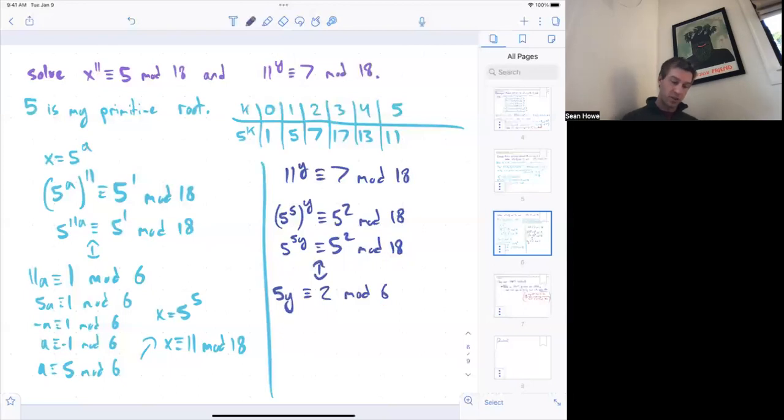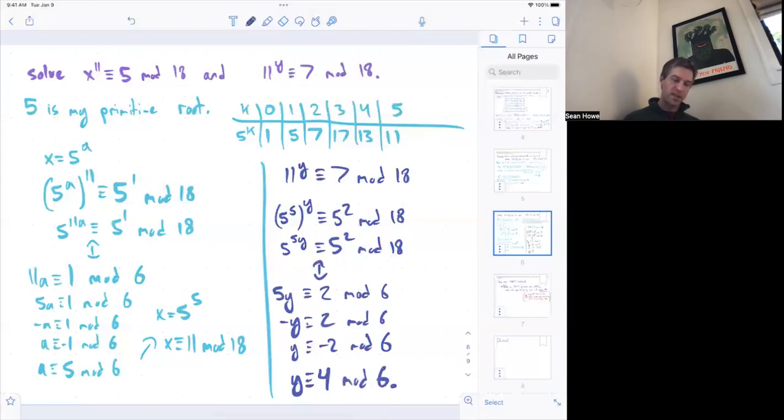So 5y is congruent to 2 mod 6, which is minus y is congruent to 2 mod 6. So y is congruent to minus 2 mod 6, and so y is congruent to 4 mod 6. Okay, and that's the answer for this one. If you computed 11 to the 4th power mod 18, you should get that.